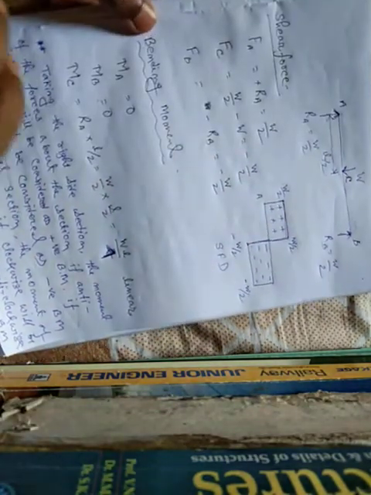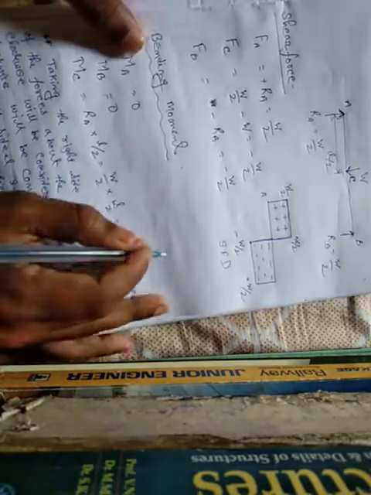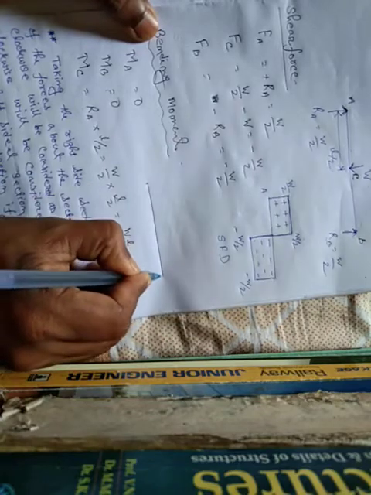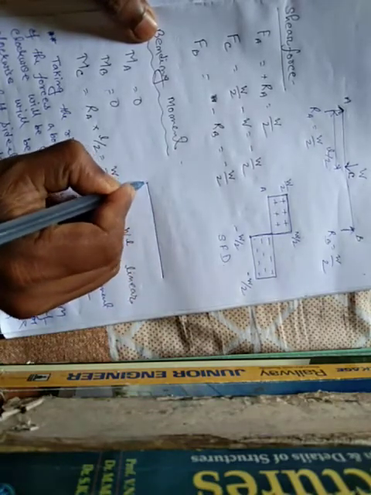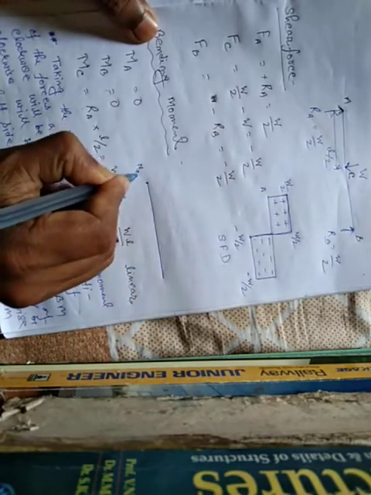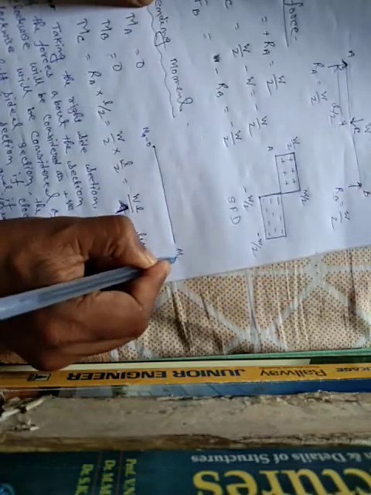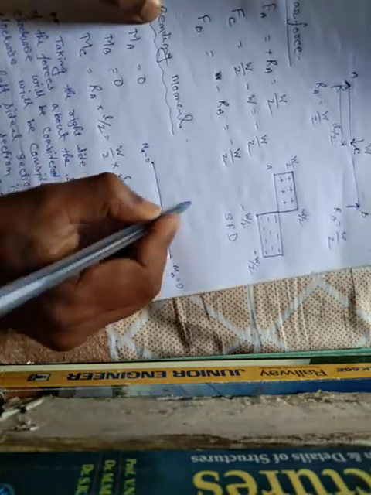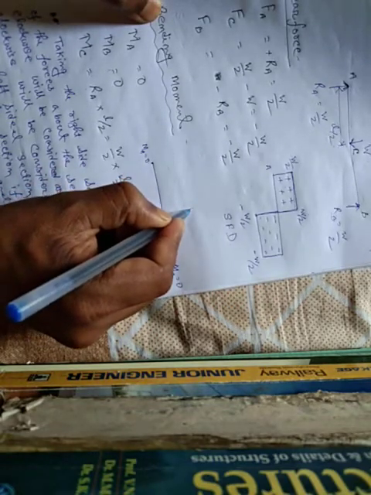Let me draw the bending moment diagram. This is the beam. At point A, moment about point A is equal to 0. Moment about point B is equal to 0. Moment about point C is equal to W L by 4, which is positive upward.